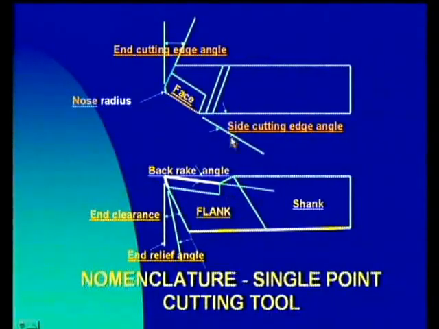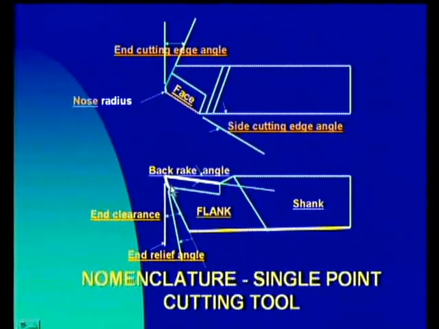This is the front view, and this is the top view of the single point cutting tool. In the front view you will see the end relief here. This is the actual front view of the cutting tool, and you have the cutting edges. This is one cutting edge, the side cutting edge, and the other is the end cutting edge, and this will be tapered towards the bottom.